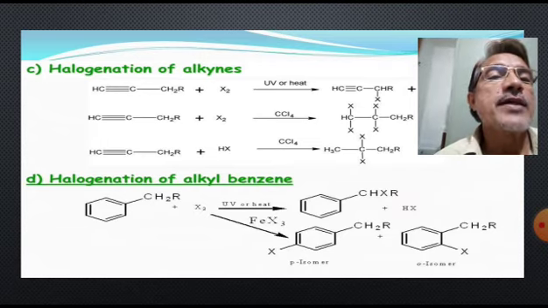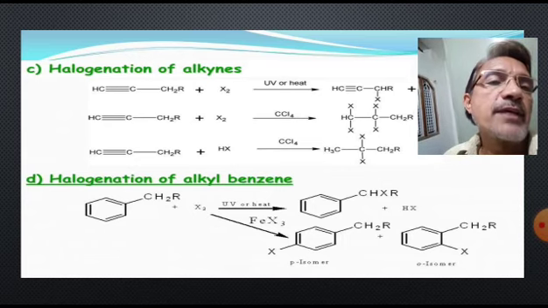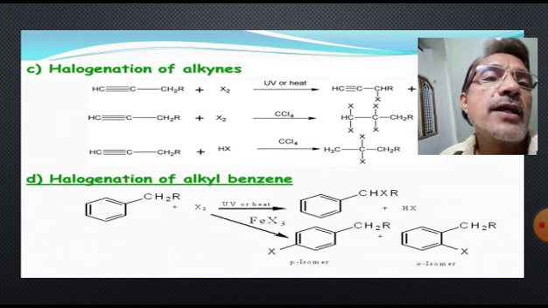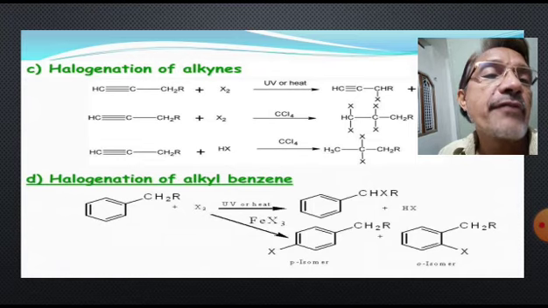When alkyl benzene reacts with a halogen in the presence of UV light or heat, it gives substituted alkyl benzene, that is halogenated alkyl benzene. Similarly, when alkyl benzene reacts with a halogen in the presence of iron trihalide, different products are obtained.